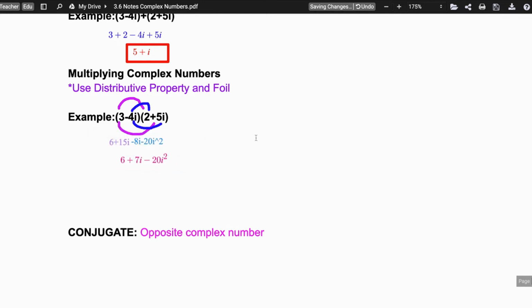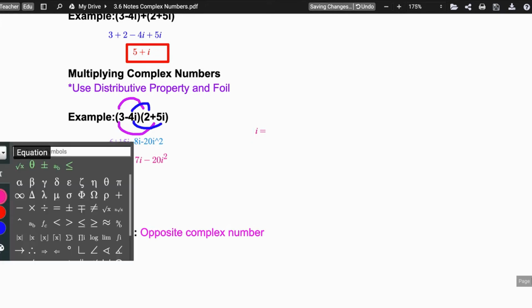Well, remember how i is equal to the square root of -1, right? Square root of -1.